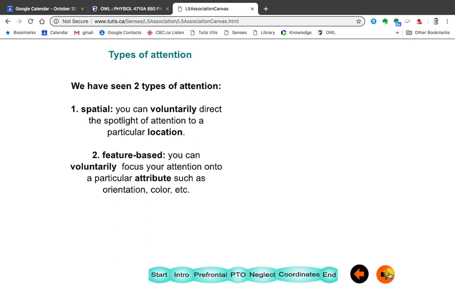So we saw the two types of attention. One was spatial, where you voluntarily directed things to the left or right position. I got that square to appear here, here, here, and you attended that spatial location. Or it's feature-based. It depended on, let's say, a color or a shape, so the brain can attend to that quality.